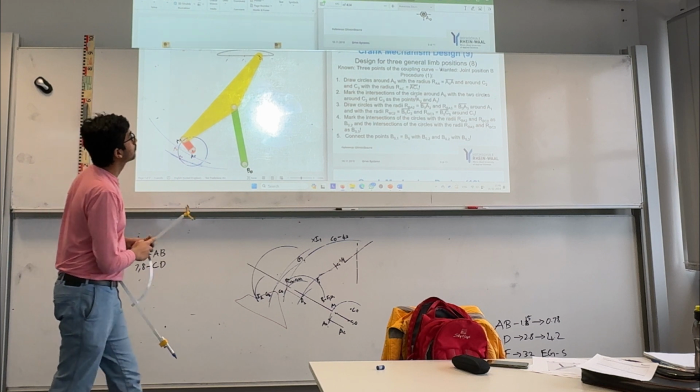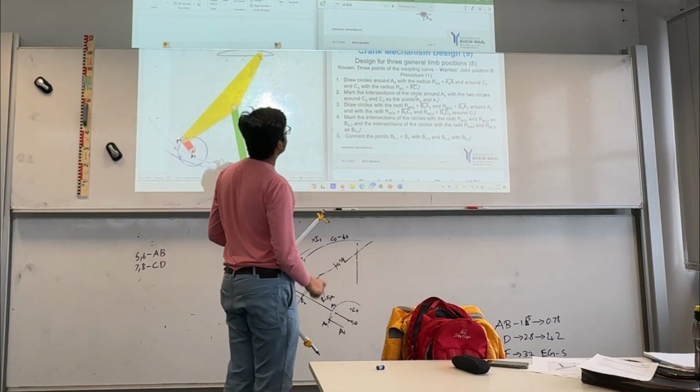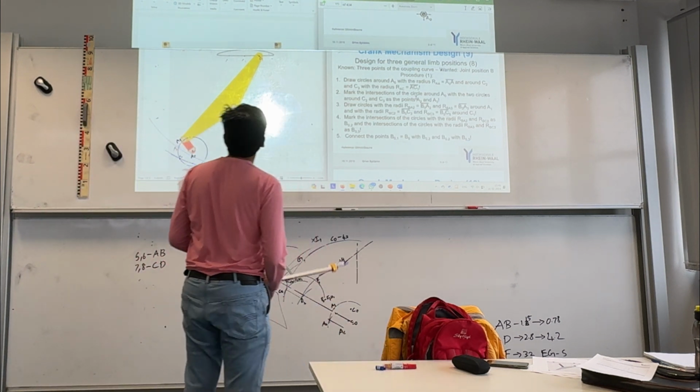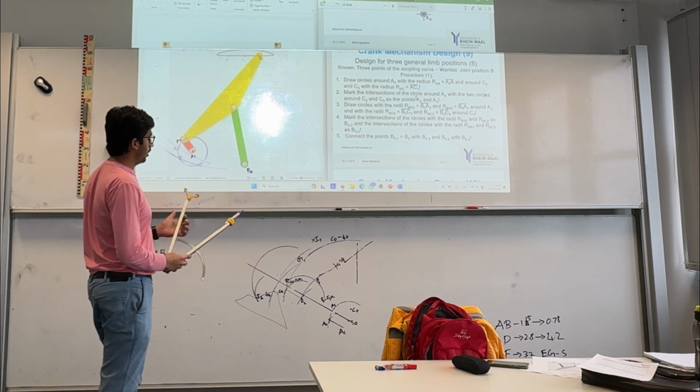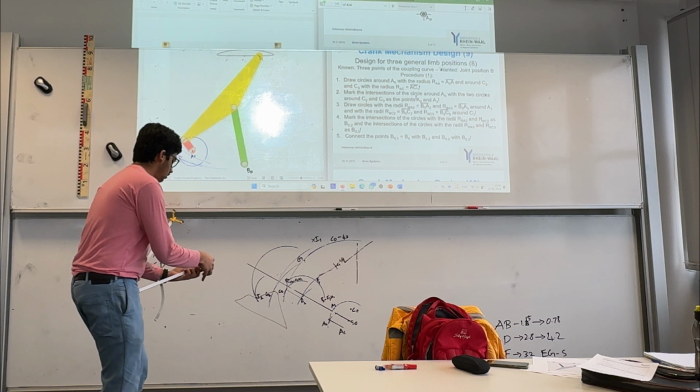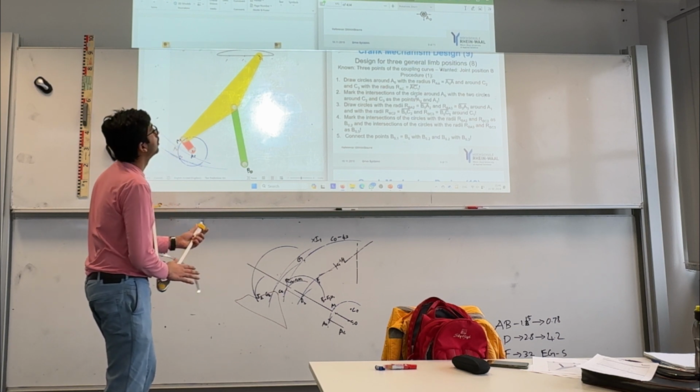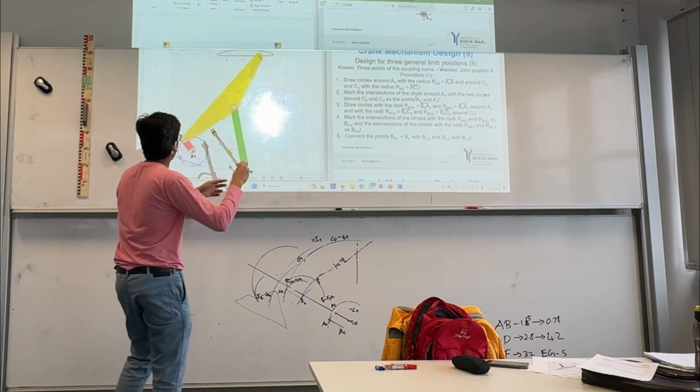Yes. Draw circles with the radii B0 A2 and B0 A3 around A1.